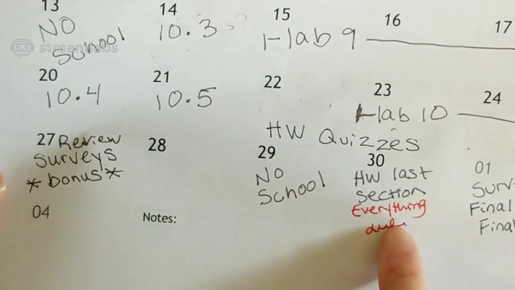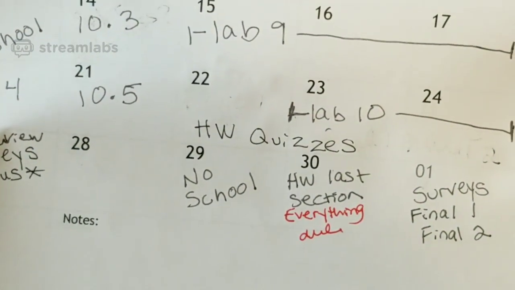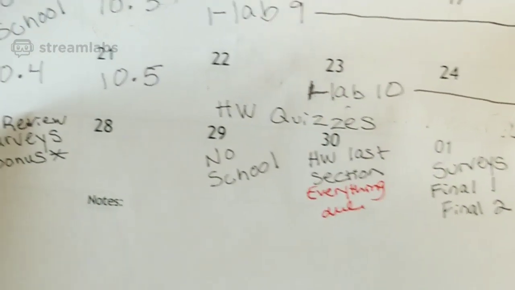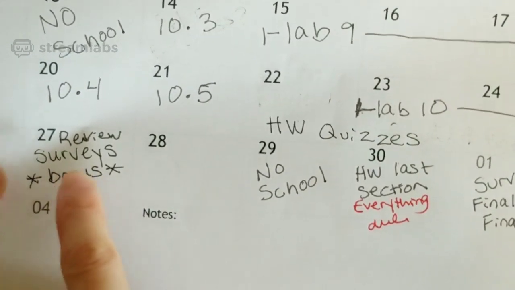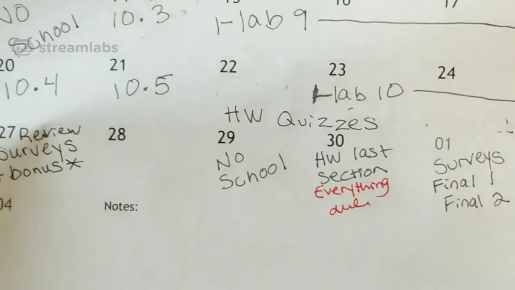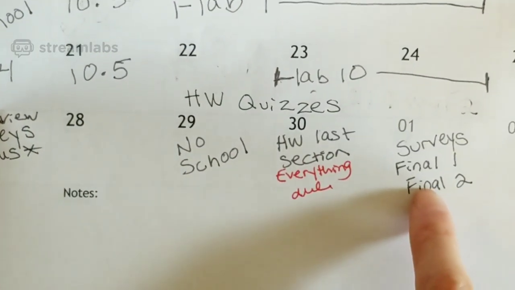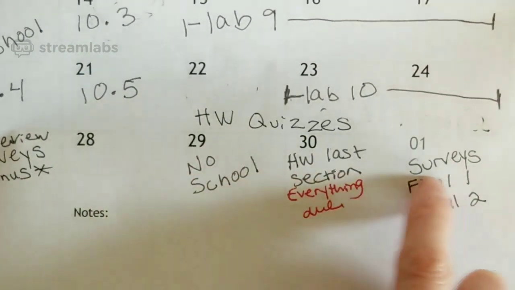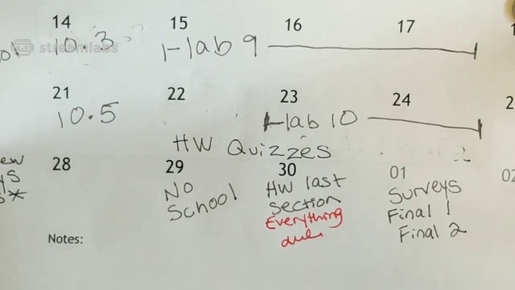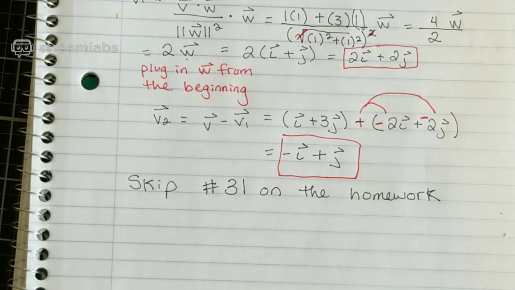Everything is, the last day I can take stuff is the 30th because I need to get everything graded. We will talk about the surveys on Monday and we'll do the study guide on Monday. And then there's 2 parts of the final, Friday, May 4th. Of course, if you want to do it earlier, that's fine, but I do need you to tell me when you're going to take that final. Okay? So is there any questions?